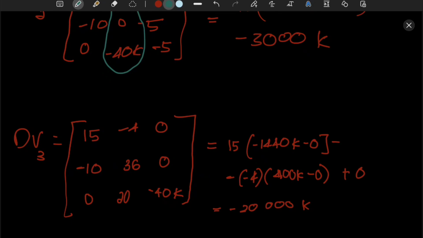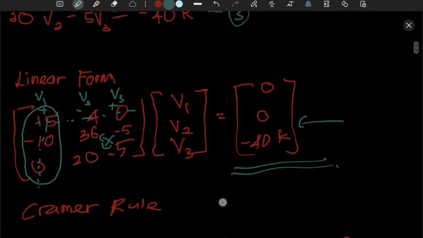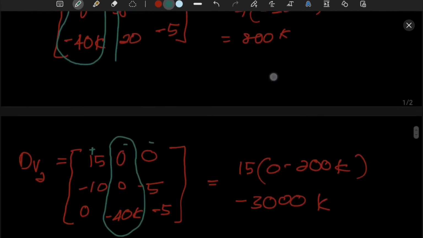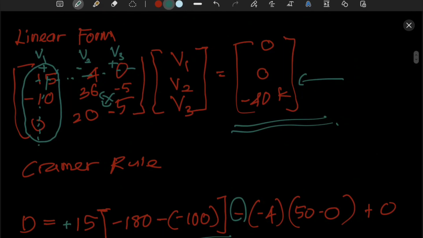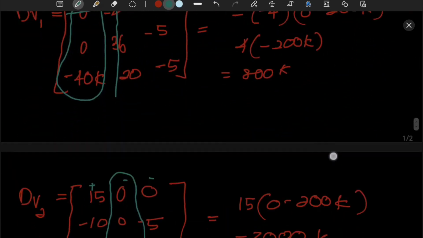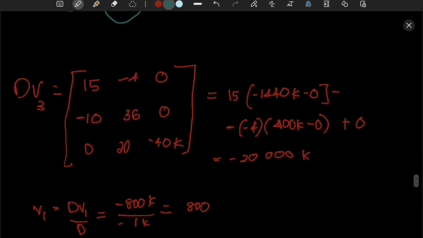Then we do the same for dV3. We substitute the product row into the V3 column, and calculate as before: this is plus, this is negative, this is plus. We calculate as normal, and we got negative 20,000K.